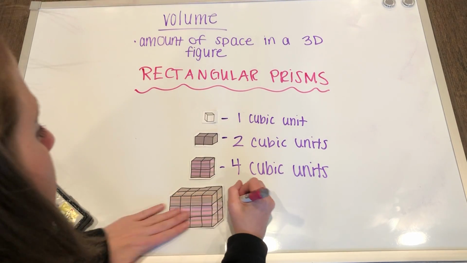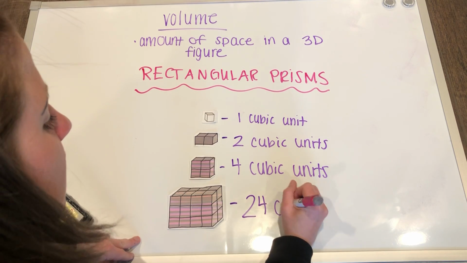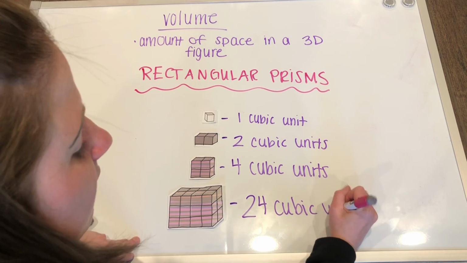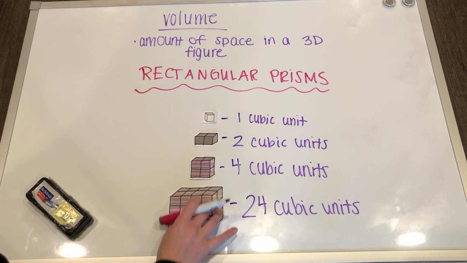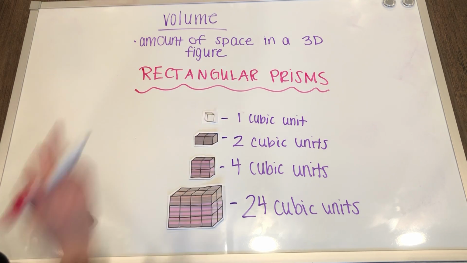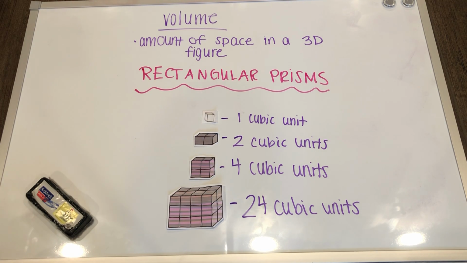So I can count those up and get 24 cubic units for my volume. Okay, so what we're doing is we're adding up the amount of cubes that it takes to fill up our rectangular prism, and that is its volume.